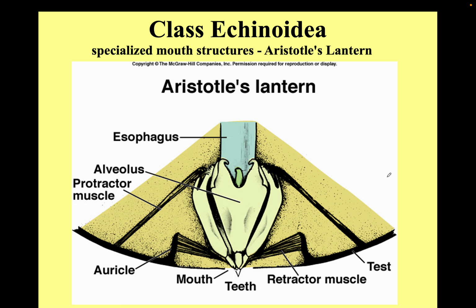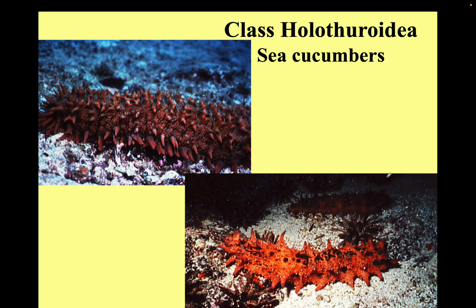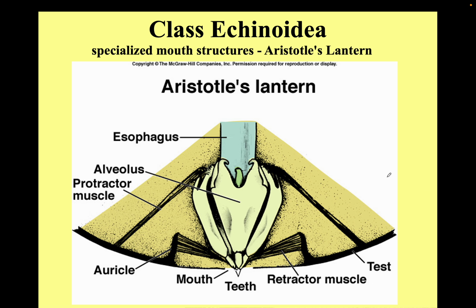Okay, before we talk about the Holothuroideans, this mouth modification of echinoidea is essentially the oral opening used for the animal to get its nutrient, to get other smaller animals as food, such as algae.